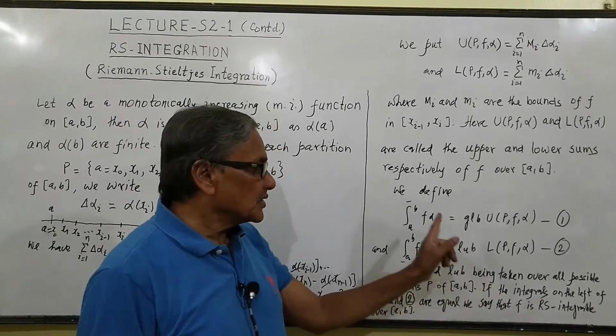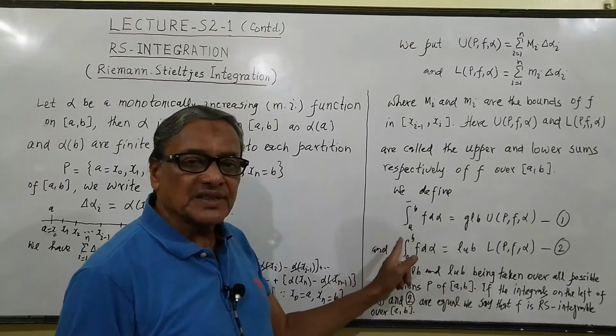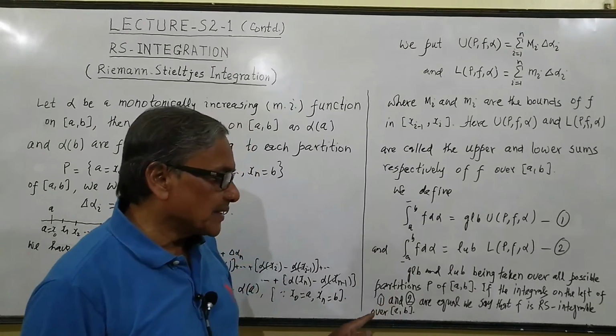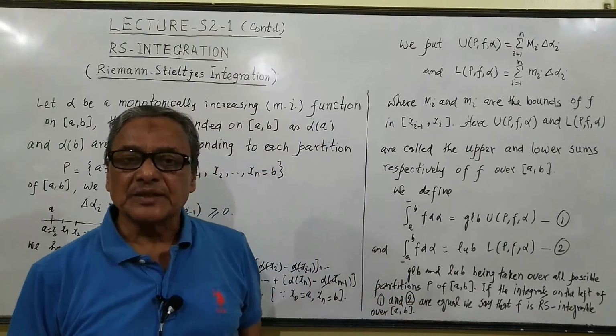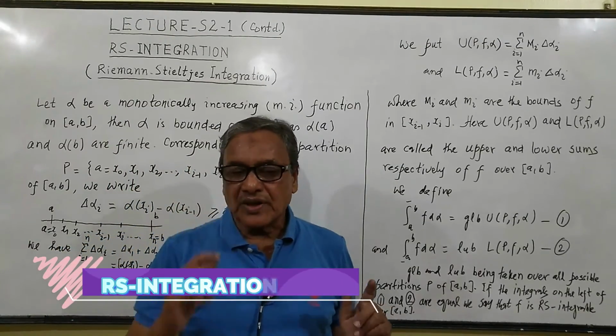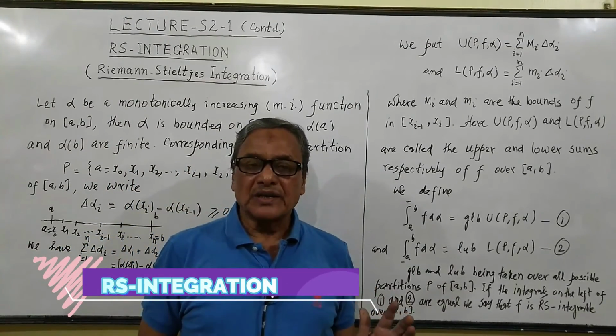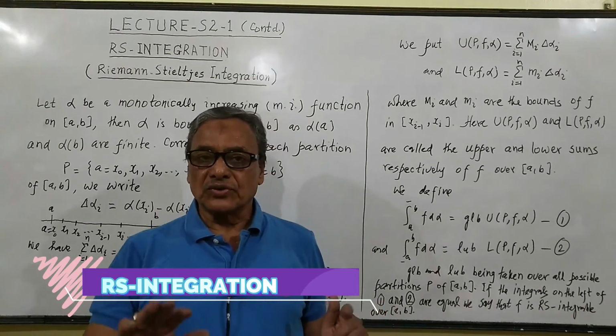If the integrals on the left of 1 and 2, that is these two integrals, are equal, then we say that f is Rs integrable over [a, b]. So this is the final picture of Riemann-Stieltjes integration, or Riemann-Stieltjes integral over the closed interval [a, b].